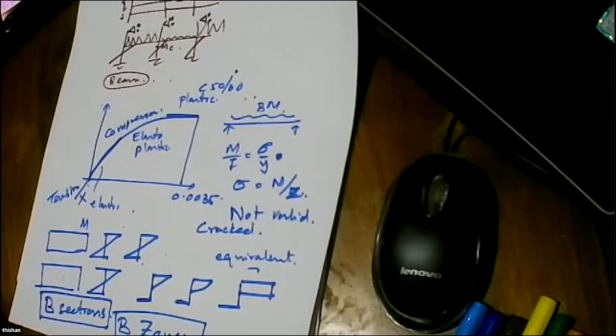The socketing length is huge. When the socket length is huge, it will develop a lot of skin friction, but skin friction may not be the correct word, because when you have rock and concrete, what would you develop? You will develop bond.